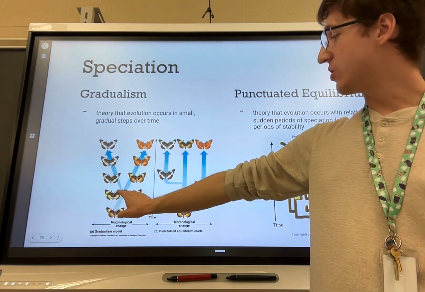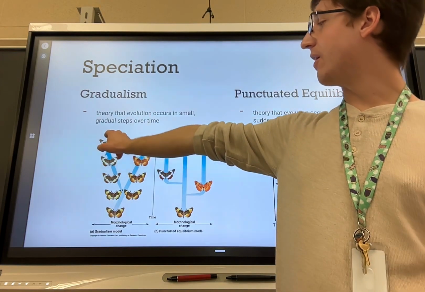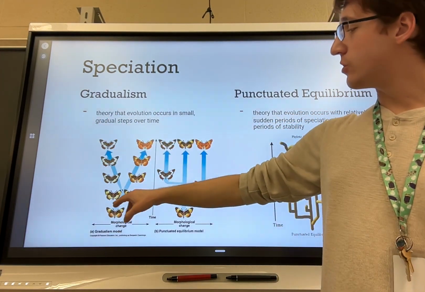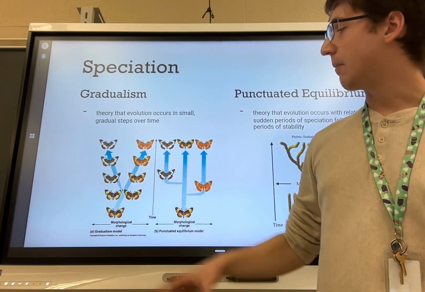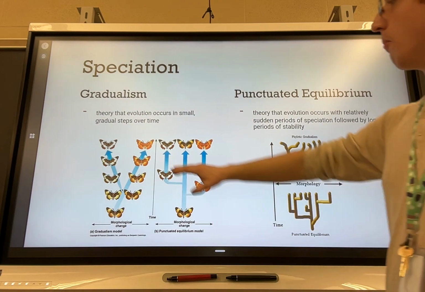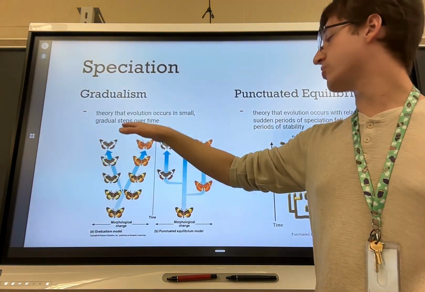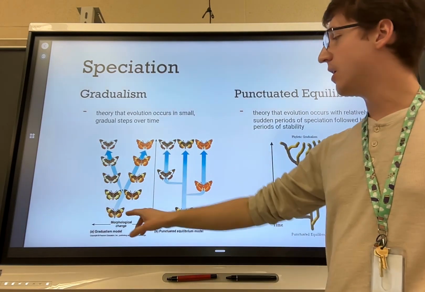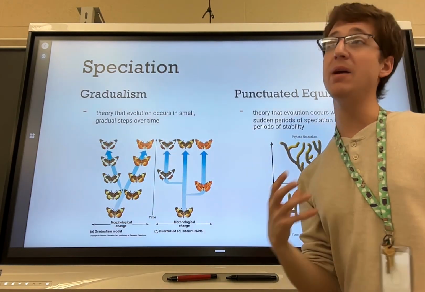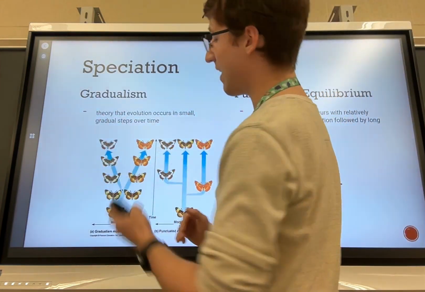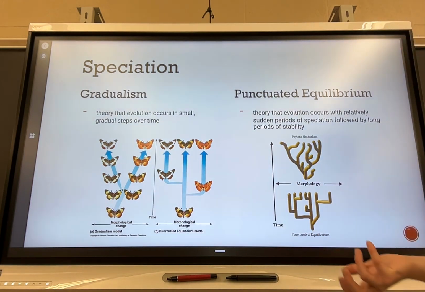One of these lineages over time decided they wanted to develop more of that brown and white color. The other one chose to develop more of this orange color, maybe based on their environment. There's more orange rocks or more orange flowers, so these orange ones blend in better. This white and brown one may blend better into forest environments with the sunlight and the leaves. So based on their environment, they may have diverged into two separate species.